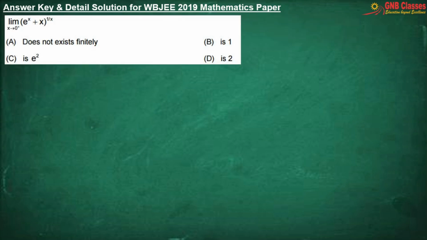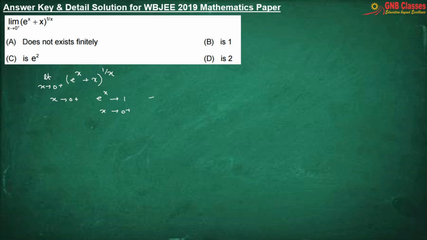In this problem, they have given limit x tends to 0 plus (e to the power x plus x) to the power 1 by x. Now as x tends to 0 plus, e to the power x is tending towards 1 and x is tending towards 0 plus.